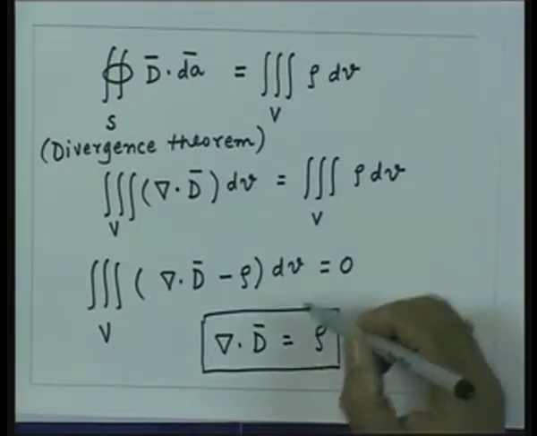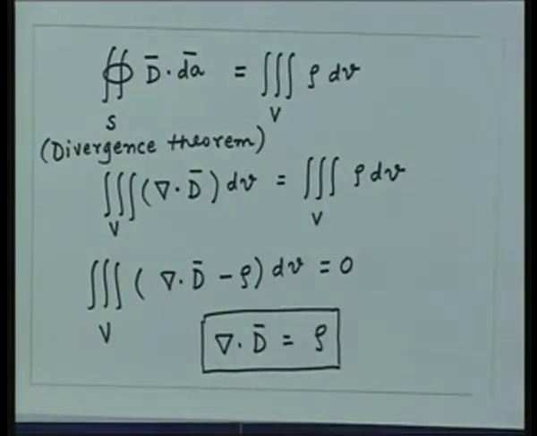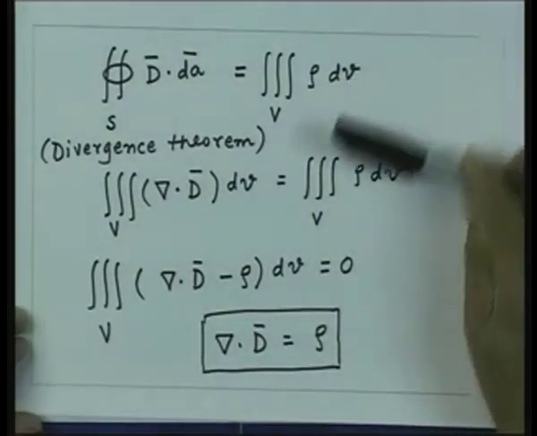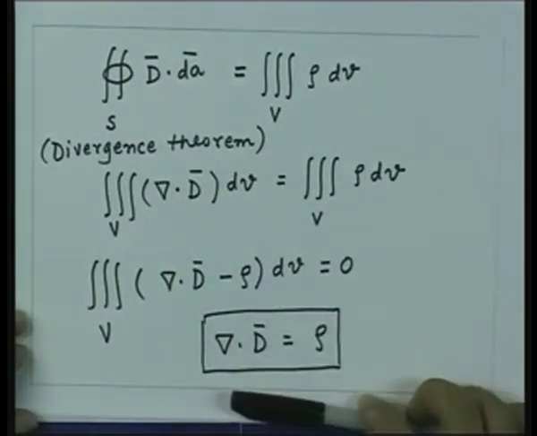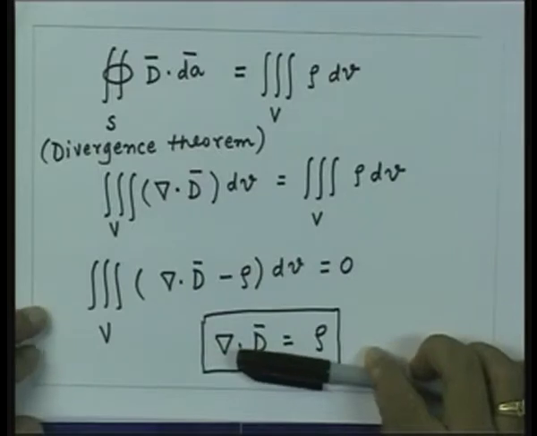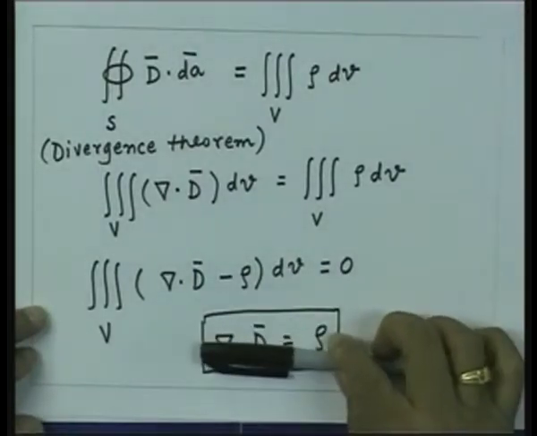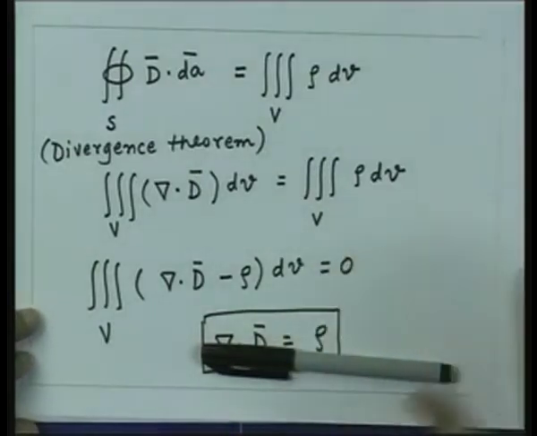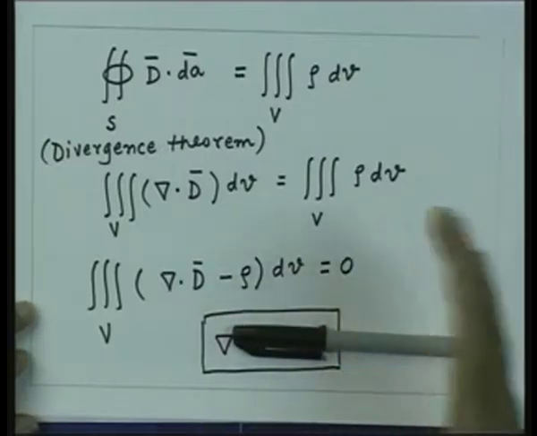So, the Gauss law can be applied, depending upon the situation, in the integral form and in the differential form. Later on we will see that the differential form has limitations, because the differential form assumes that we have continuous media. So, the properties of the medium do not suddenly change, there is no discontinuity in the medium properties.